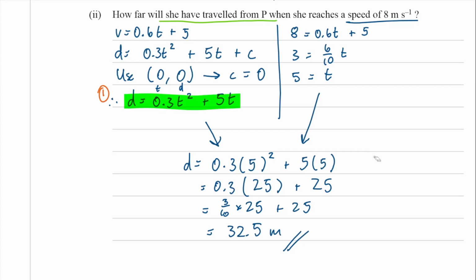We also acknowledged that at time 0, her distance is 0 because we measure from that point P. Then step 2 was finding the time at which she's traveling at 8 meters per second. So if we got both of those things, that is merit. If we just got this first step, that anti-differentiation, that would be achieved. But then combining the two to find the distance traveled would be our excellence component.